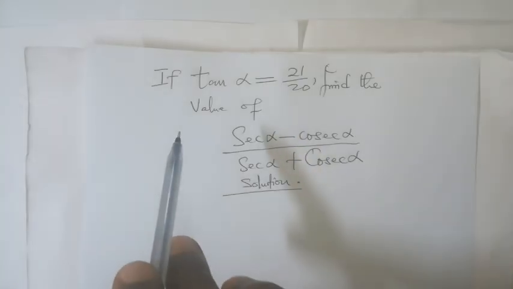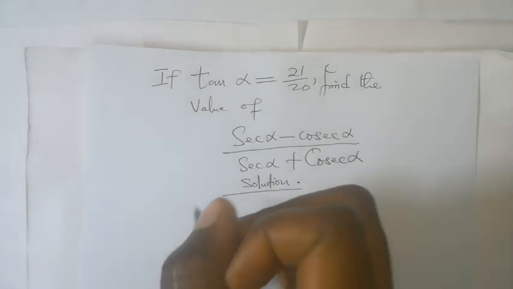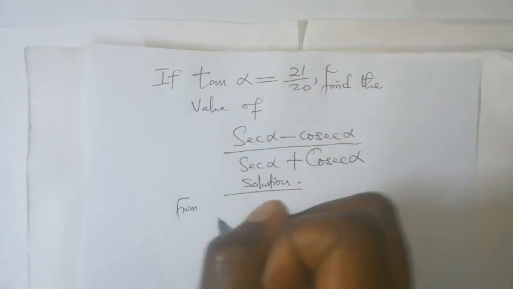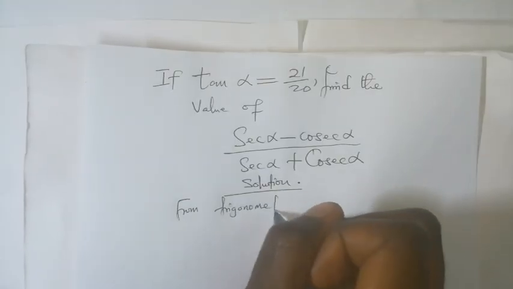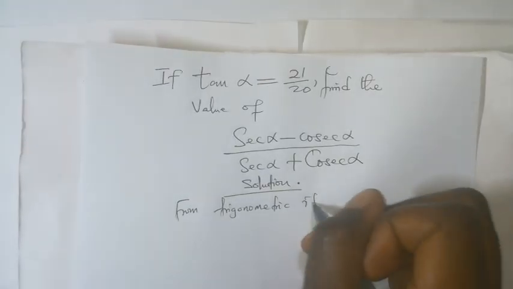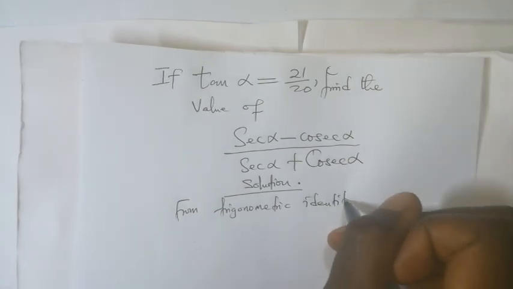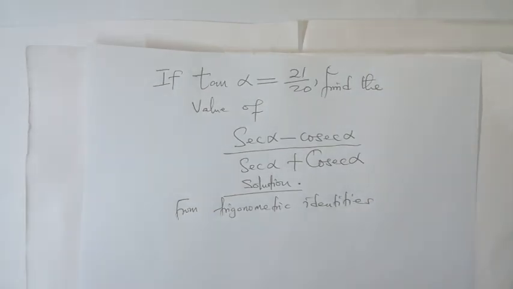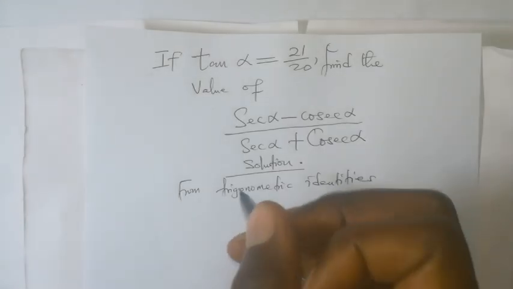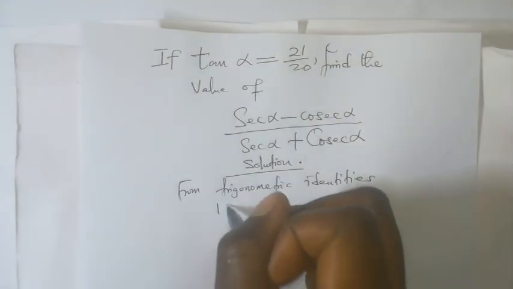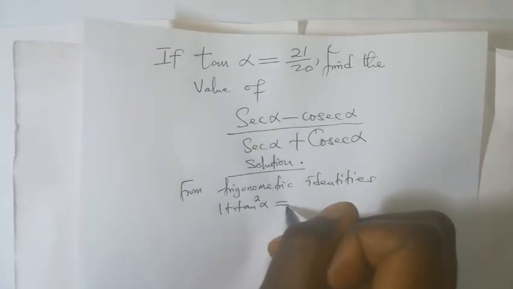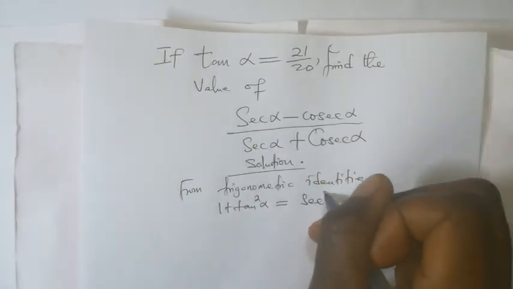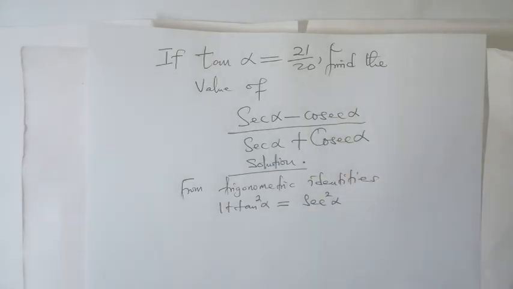From trigonometric identities, we know that 1 plus tan square alpha is equal to sec square alpha, since we are dealing in terms of the angle alpha given.